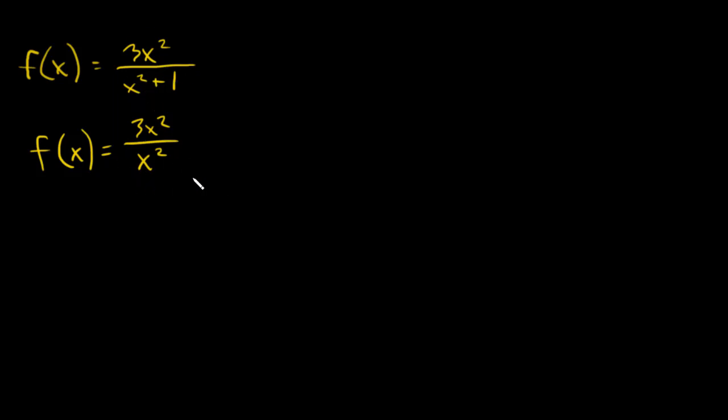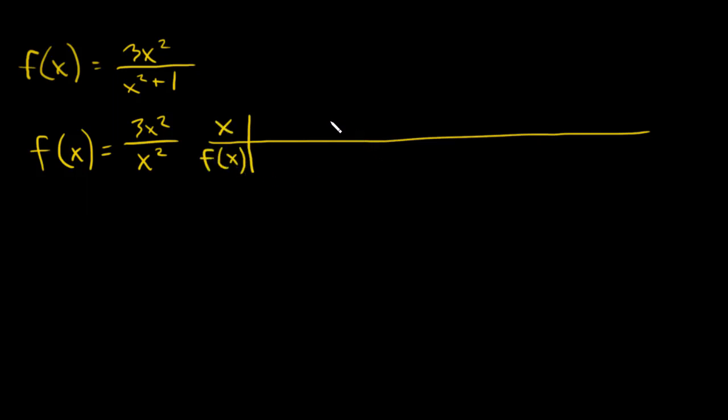So first off, let's say that I have a chart for this function where I have an x value and then an f of x value. Okay? So I'm just going to put values in and you can tell me, if I have an x, what I get for my y or my f of x. Alrighty, so x equals 1. What is f of x? Well, f of x would be 3 times 1 divided by 1, which is going to be 3.